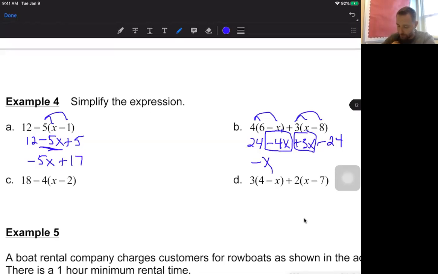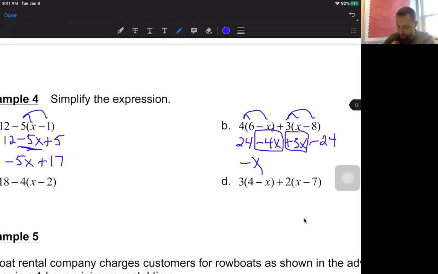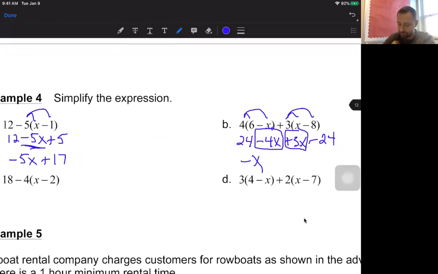And then lastly, 24 minus 24, what does that give us? Anybody? Zero. So we're done. Negative x is your answer on that one.